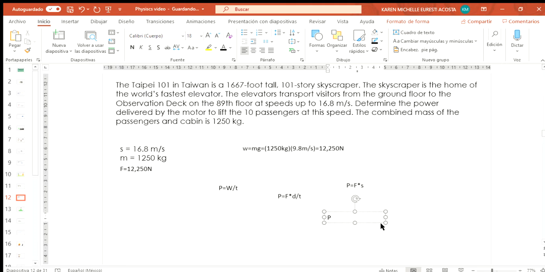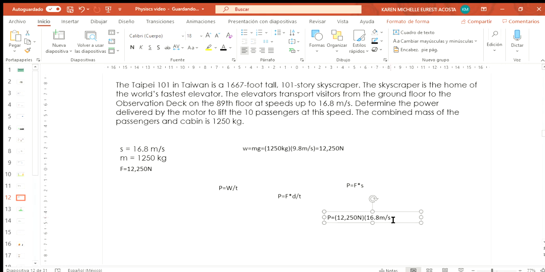So it will be P equals the force, that is 12,250 newtons, times the speed, that is 16.8 meters per second.